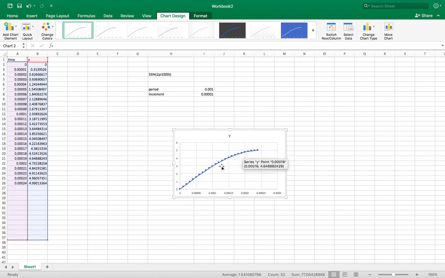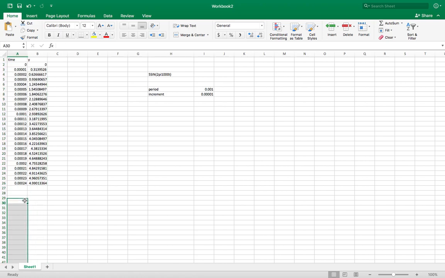This is not one full cycle, right? This is just going up. It still needs to come back down, go negative, and come back to 0 again. So I haven't shown a full sine wave with only this many points. I need to keep going all the way to my period.